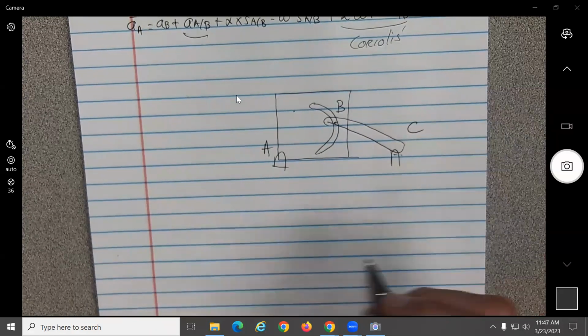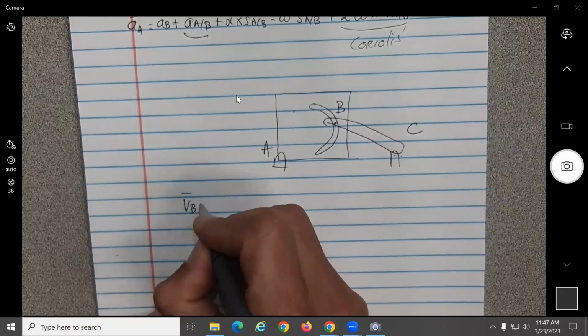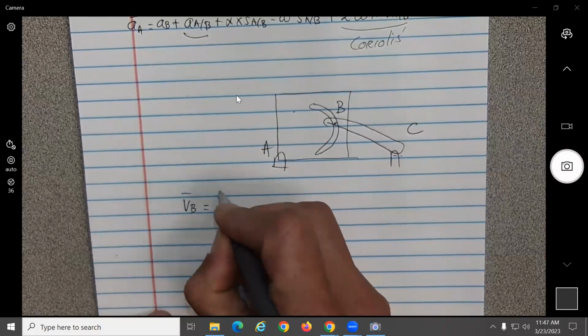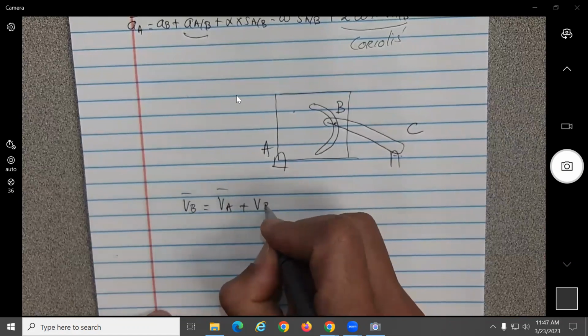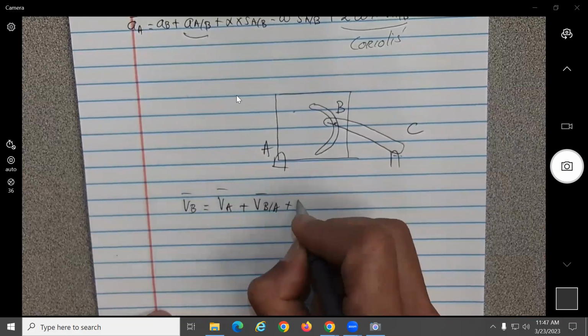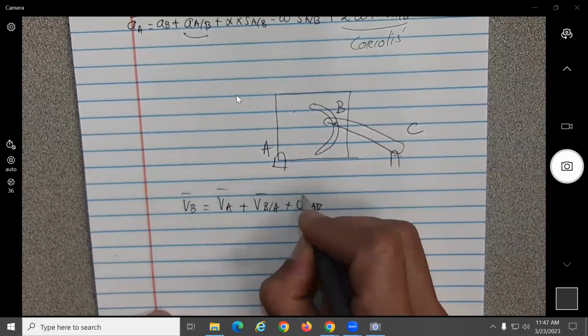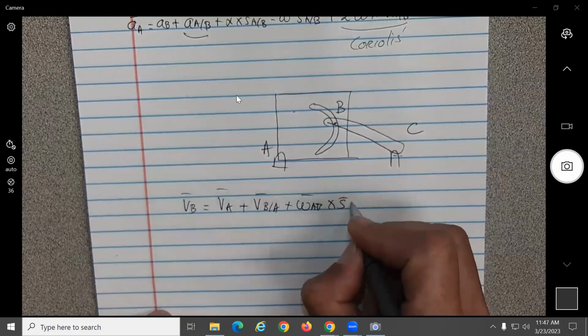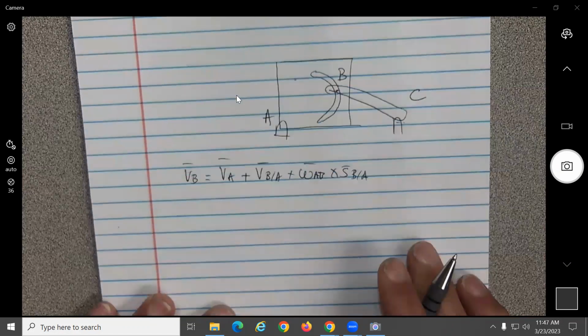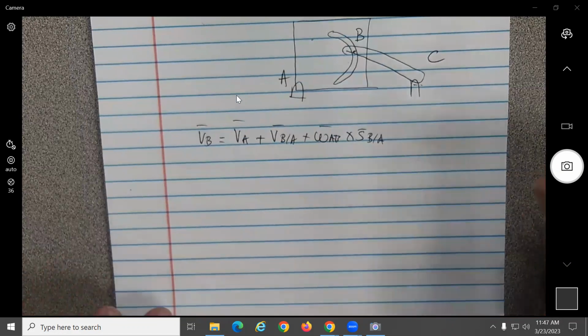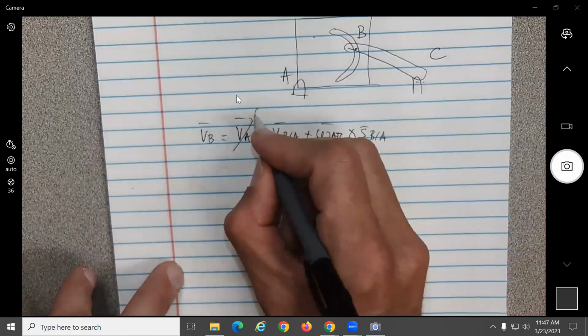Now to my question. Let's write down the velocity of B from point A: VA plus the velocity of B with respect to A, plus omega AB cross the position of B with respect to A. What would be VA? Zero.